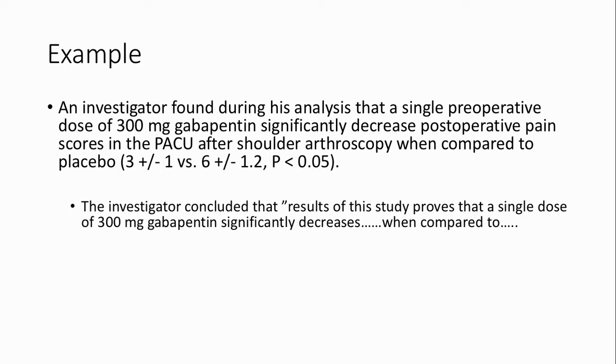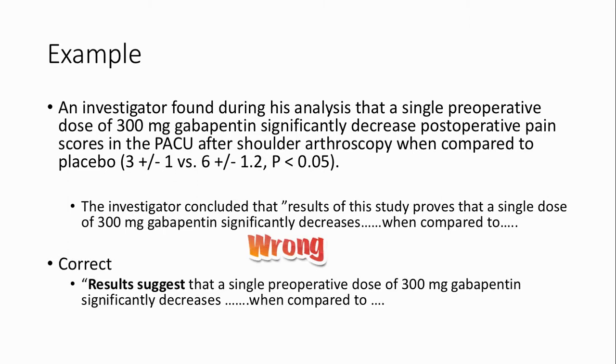But what he says here is the results of the study prove that a single dose of gabapentin significantly decreases pain when compared to placebo. That would actually be incorrect. It's wrong. The correct way that you would say that is results suggest that a single dose, and so on. Does that make sense? Okay, good.